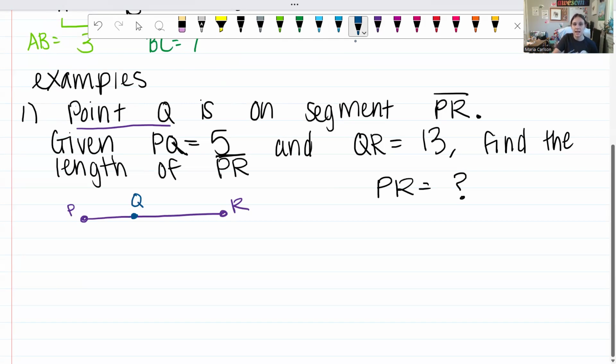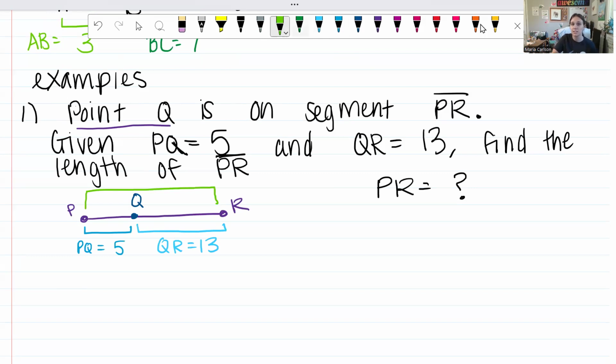It tells us that PQ is 5. So the distance from P to Q is 5. And the distance from Q to R is 13. So QR is equal to 13. We want to know what is the entire distance from P to R. What's the length of segment PR?